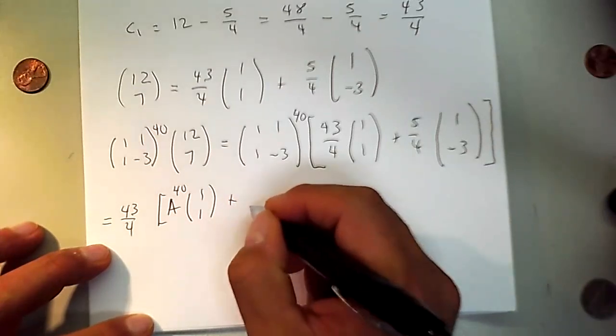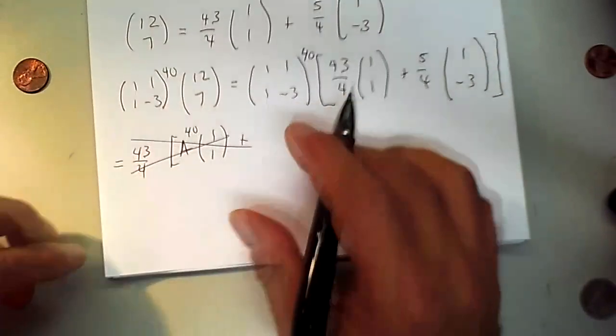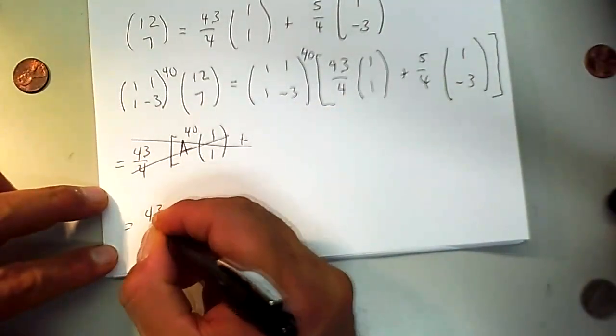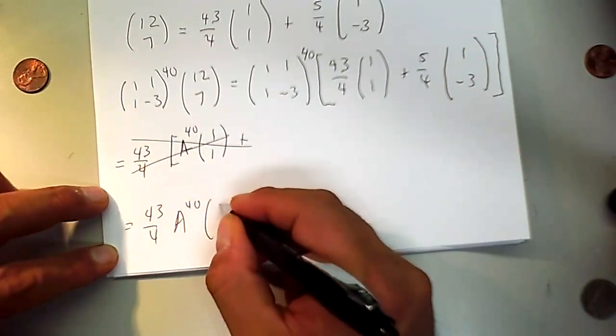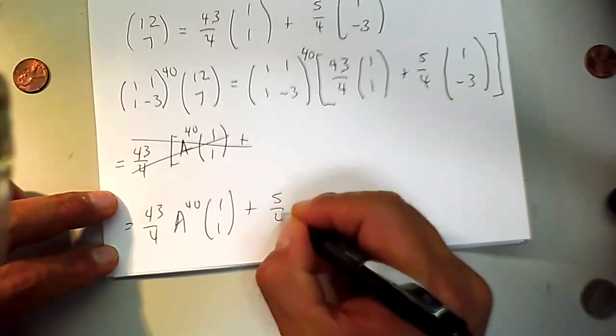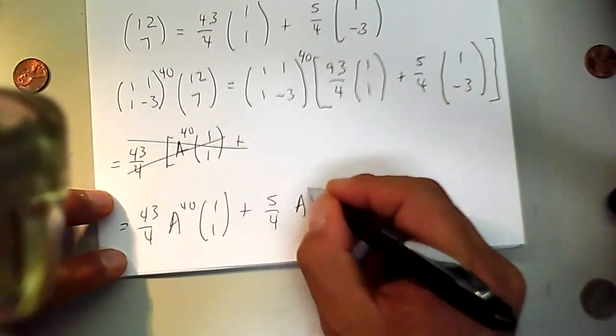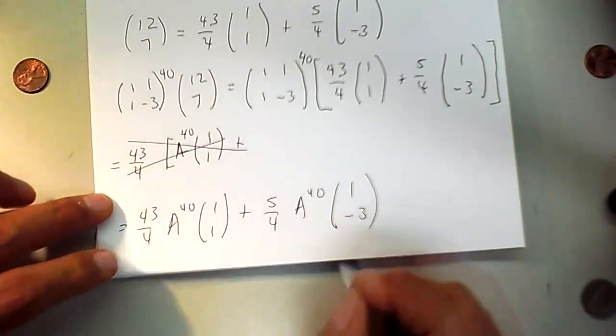Plus, this notation is messed up. Sorry about that. It is 43 over 4, A to the 40, 1, 1, plus 5 over 4, A to the 40 applied to 1, negative 3. There we go.